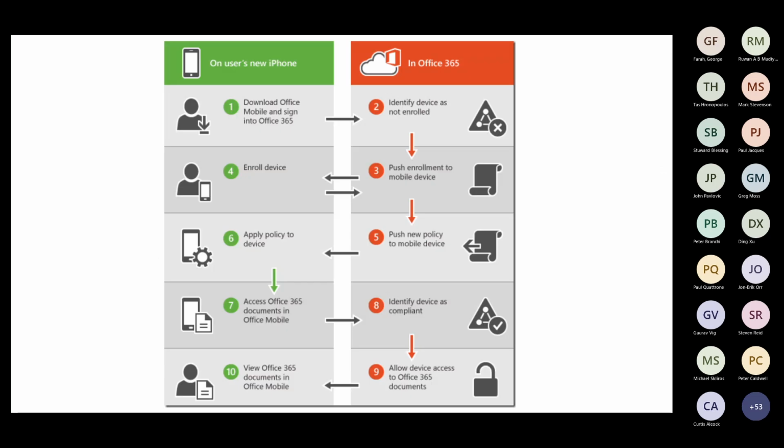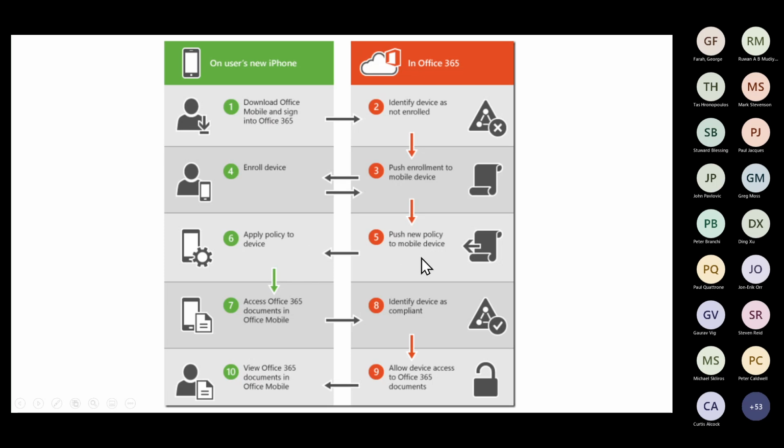So the idea here is, as mentioned, the user will download, for example, Office Mobile and sign into Office 365. The device will then be identified as not enrolled. They will then go through an enrollment process. So this is, again, an iOS environment. The user will then have to follow through the enrollment steps involved in the iOS device.